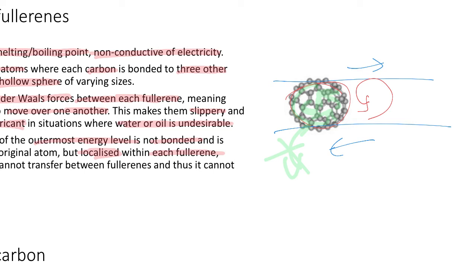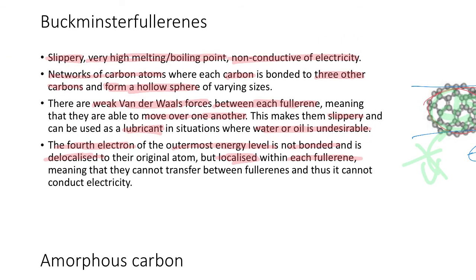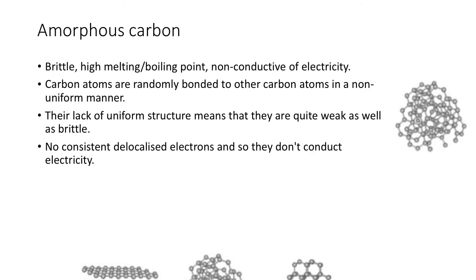They're like at the atom level, so trying to get something from one side to another is actually going through multiple of these fullerenes, and you're not going to have electrons jumping from ball to ball. So they have a delocalized electron, but it's localized within each ball, and therefore they can't conduct electricity, which is also useful when you're being a dry lubricant with metals as well.